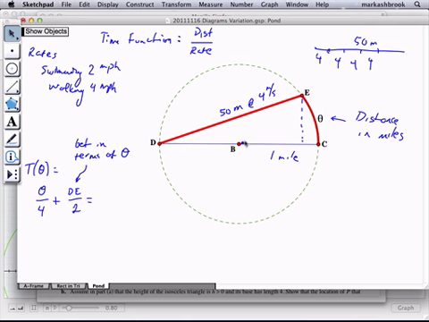Okay, so David's suggesting B to E. This is where I'm getting confused. I think I got it. If you connect D to B is one radius, and then B to the point. Wait, start again. D to B is 1. And then B to the point that you drop down is cosine theta.